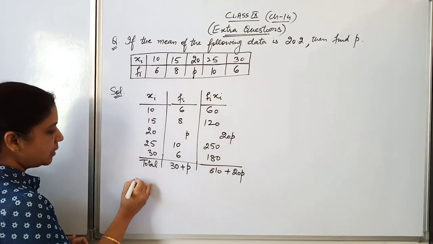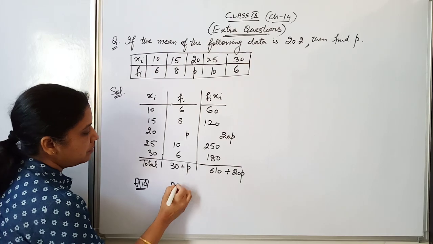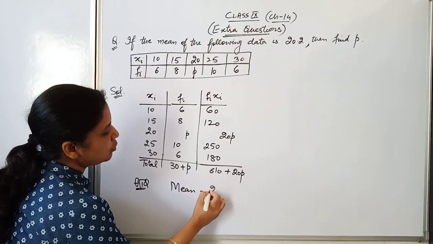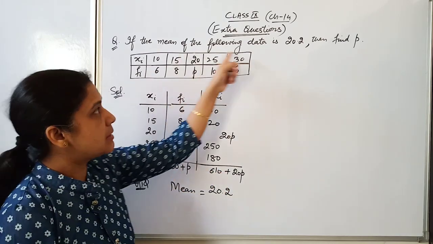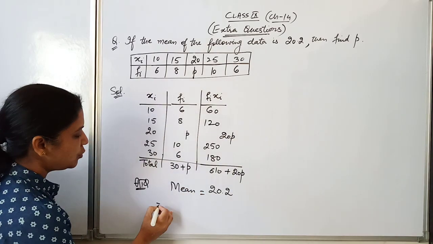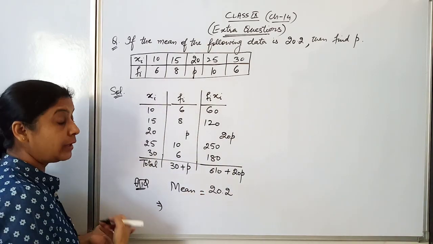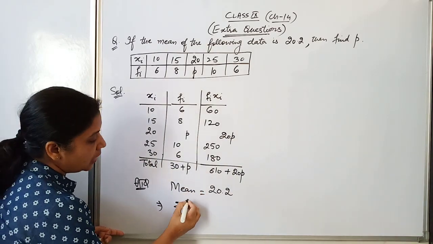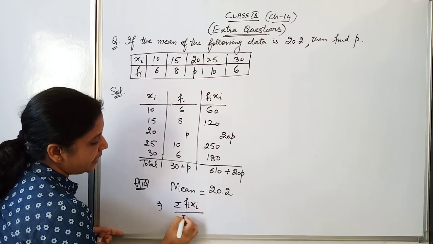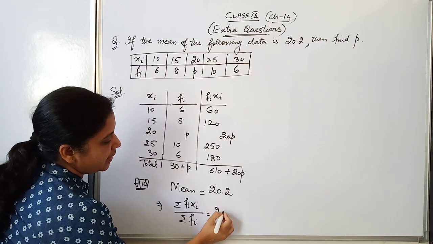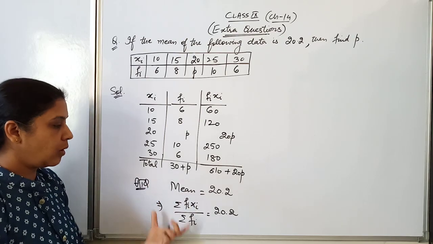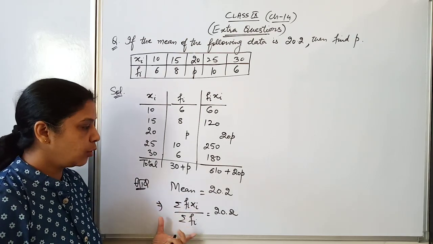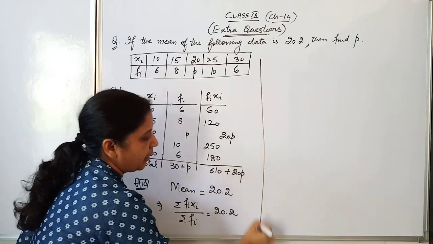Now, according to the question, mean is equal to 20.2. You can see this is given in the question. Now I am going to compare the mean with 20.2. If I solve it, then the formula summation Fi Xi divided by summation Fi will be used. So first of all, always give the formula and then put down the values.